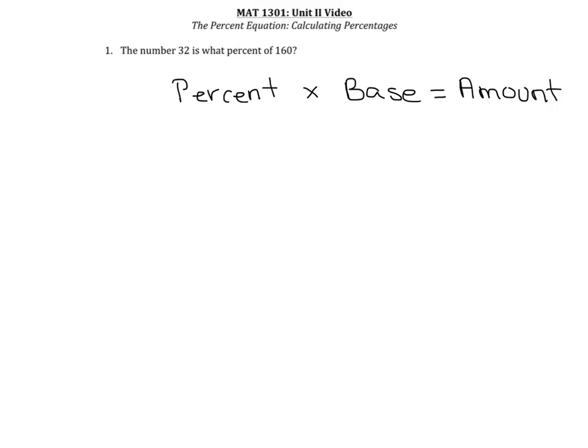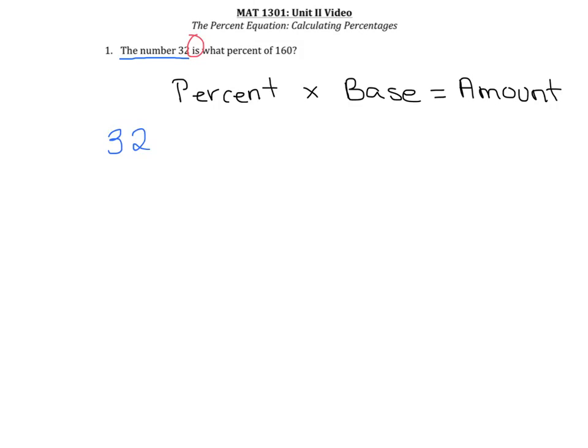To solve these questions, I like to take the word sentence and convert it to a number sentence. I'll show you what I mean. First, we'll take the first three words of the sentence. The number 32. Well, that tells me to write down a 32. The next word is "is."